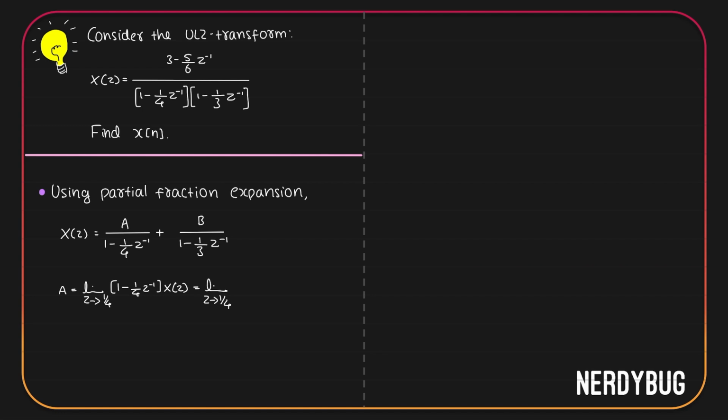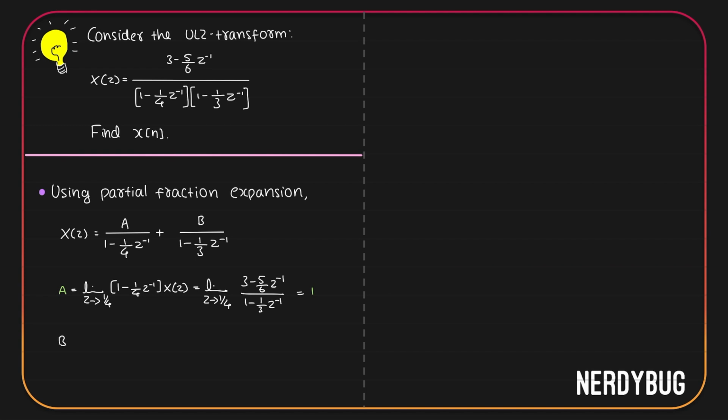If you multiply it with 1 minus 1 by 4 z inverse, this will get cancelled. So we have (3 minus 5 by 6 z inverse) divided by (1 minus 1 by 3 z inverse). Z is 1 by 4, so z inverse will be 4. If you substitute it with 4, you will get 1. So A is equal to 1.